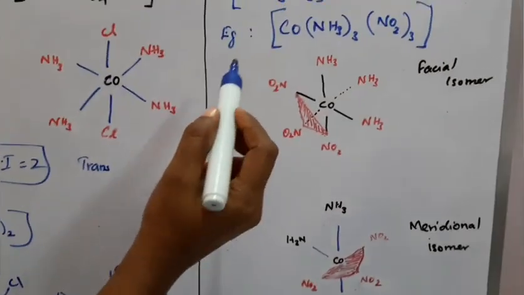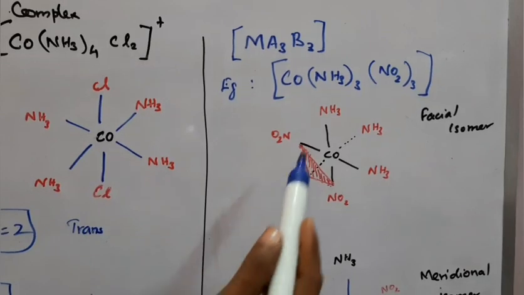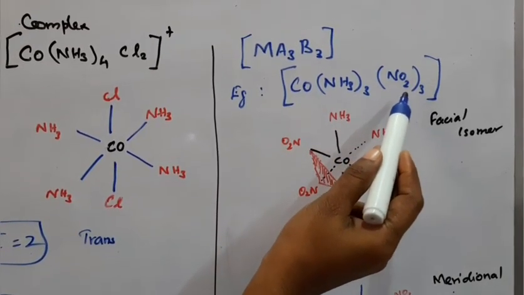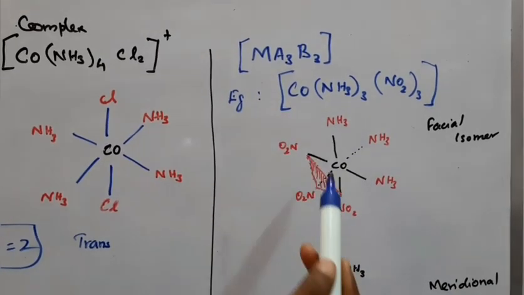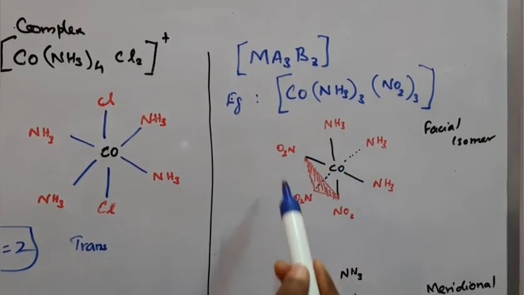Another type is the special case Ma3B3. That is the amine and also the nitrite as ligands, two different ligands attached to the central metal atom. Here you see this is an octahedral complex.